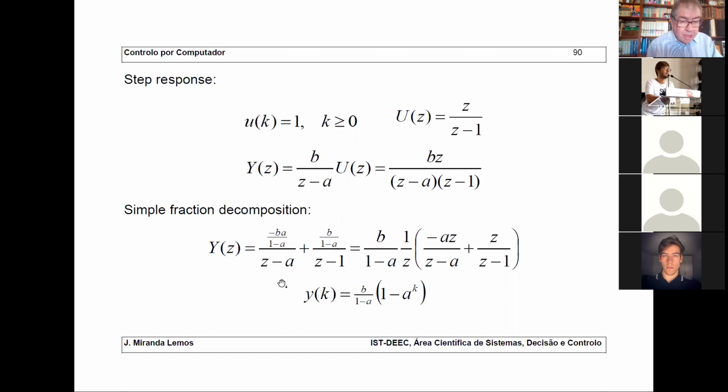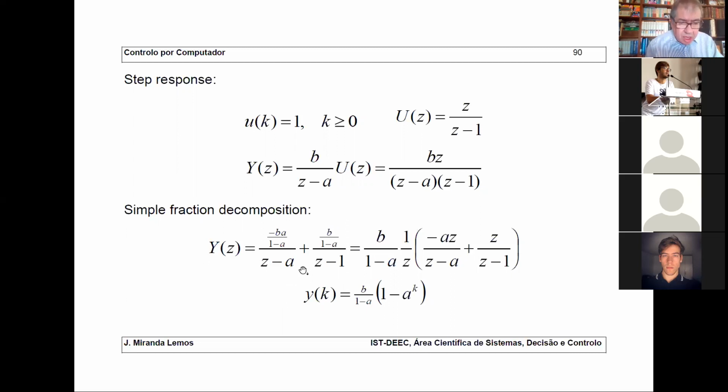The problem is to find the coefficients such that this sum is equal to that. You can use the residues theorem, or you can just add these two functions, which I assume that you know.